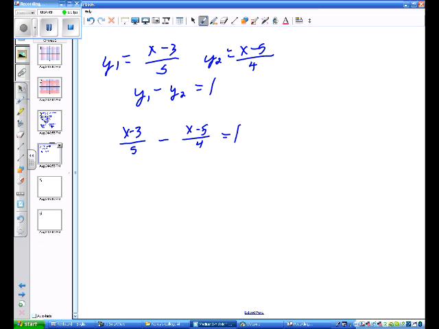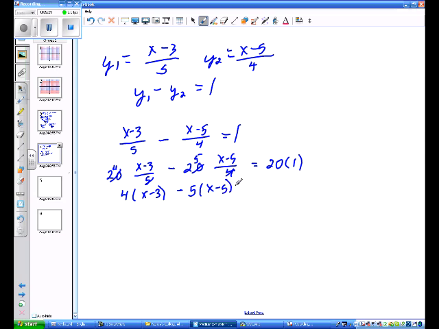Well, we go back and we get a common denominator, which for 5 and 4 would be 20. So we're going to multiply each term by 20. 5 goes into 20 4 times, so we have 4 times (x minus 3), minus, 4 goes into 20 5 times, so 5 times (x minus 5), is equal to 20 times 1, which is 20.